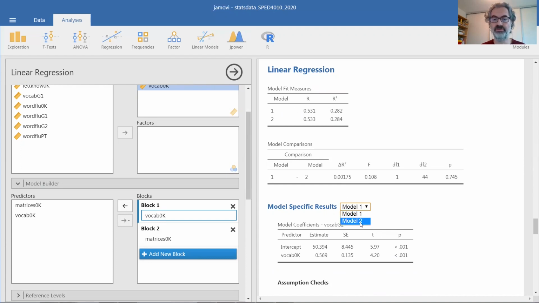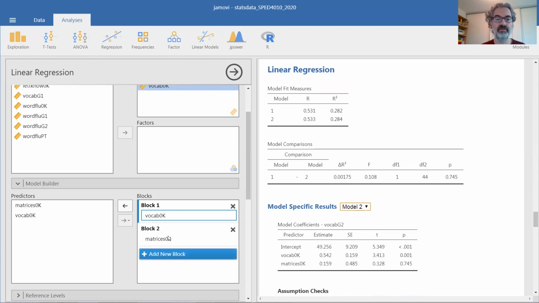And then in model 2, we also add the block 2 variables. So in the second step, we have 2 predictors, one of which is statistically significant. And model 2 accounts for 28.4% of variance in the dependent variable.